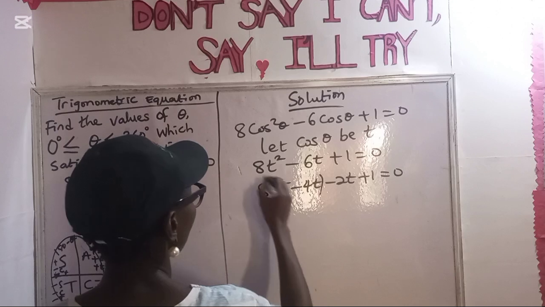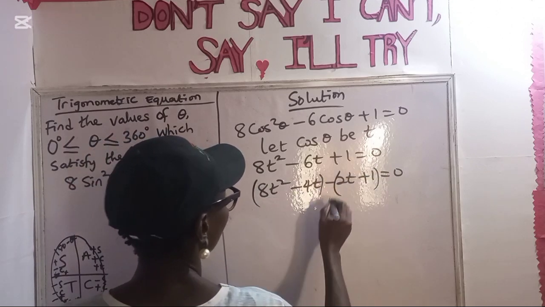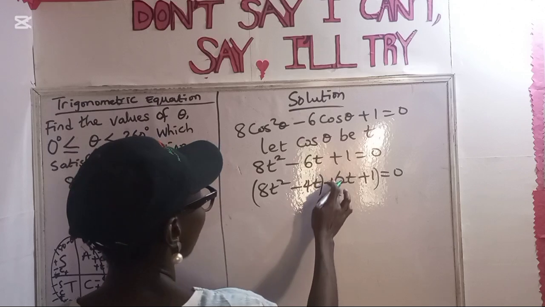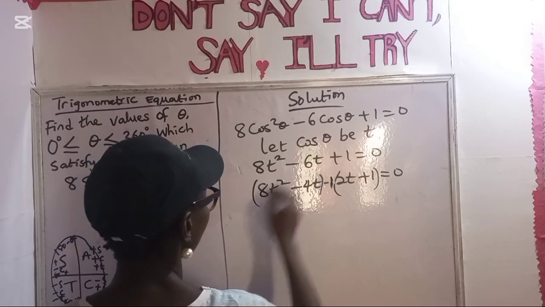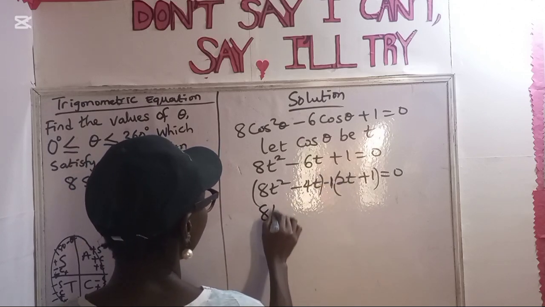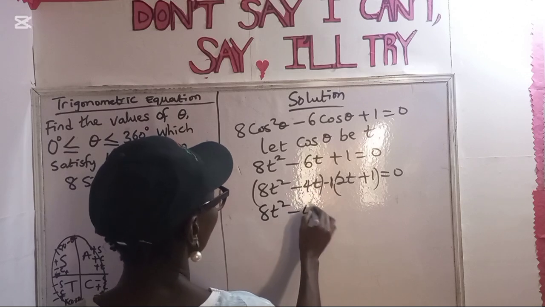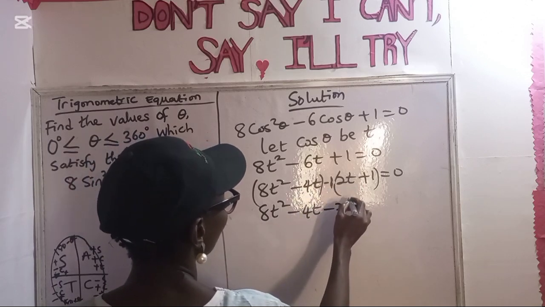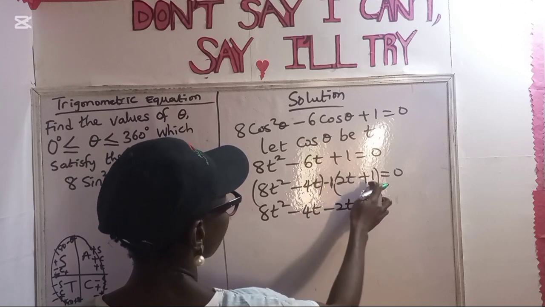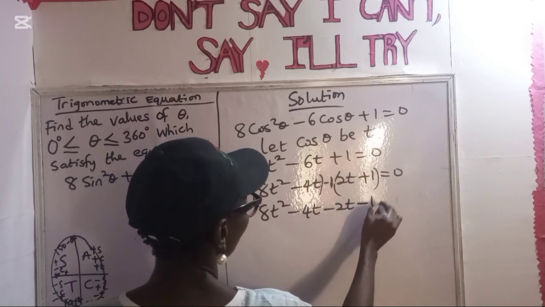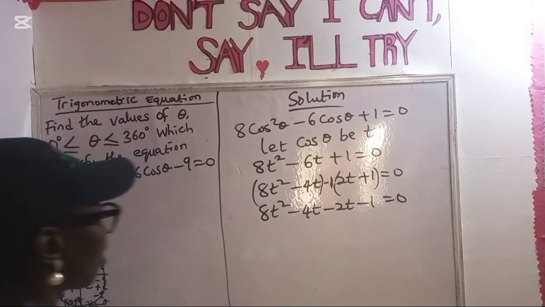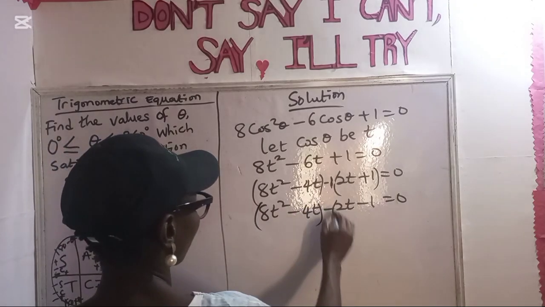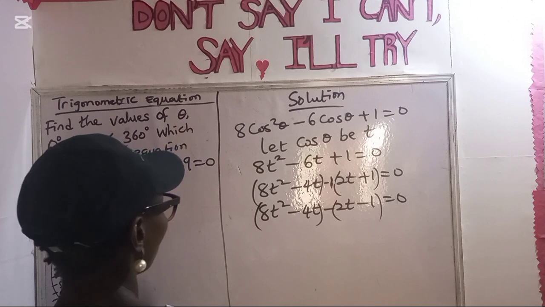So let's bracket it. We have minus here, so there is an invisible 1 here. So let's factor through: 8t square minus 4t, minus 1 times 2t, that is minus 2t, minus 1 times plus 1, equal to 0. Good.